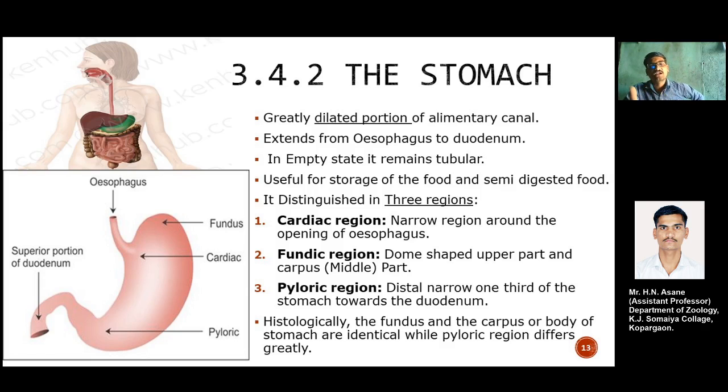That will be the cardiac region, and it goes up to the pyloric region, the superior portion of the duodenum, where it connects with the duodenum, and then the duodenum opens into the small intestine.